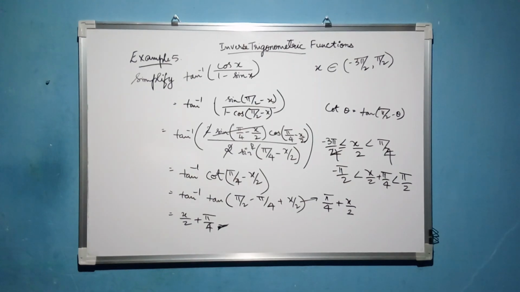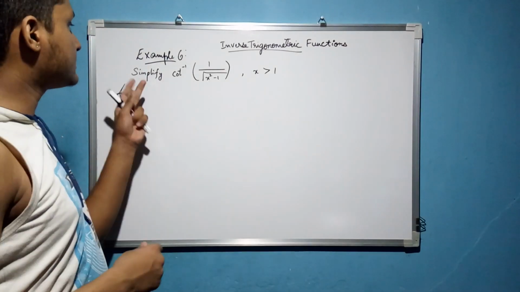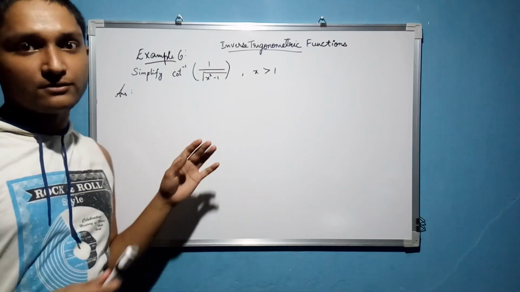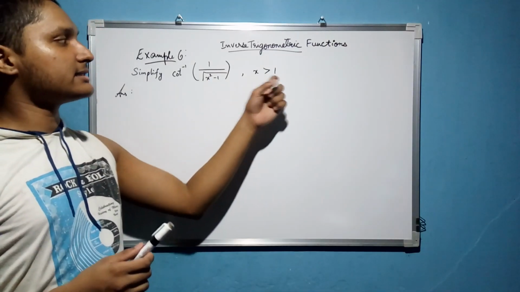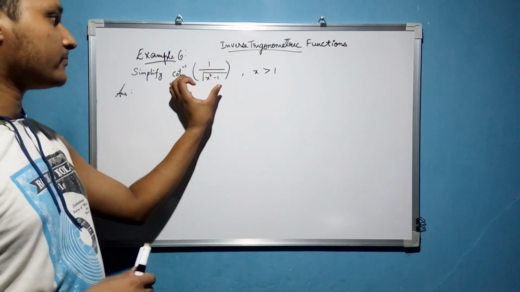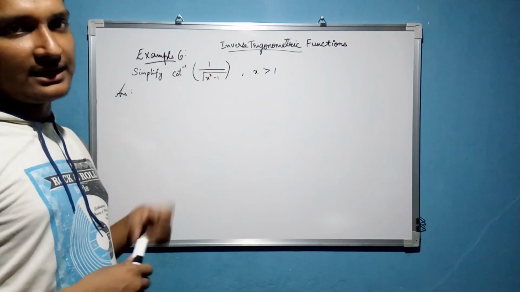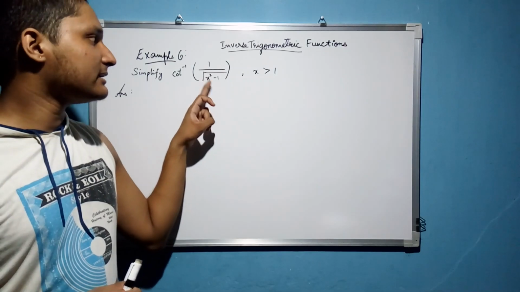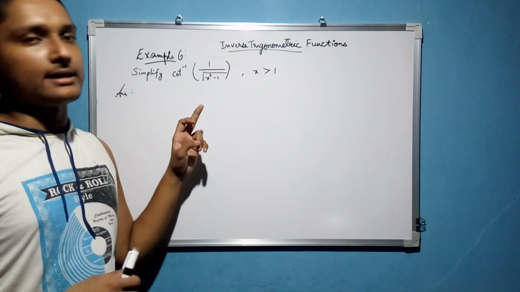Okay. Example 6. Simplify cot inverse of 1 by root of x square minus 1, and x is given to be greater than 1. So you are asked to simplify this statement. You are getting so many big things. So inside the square root you need to get a square number.